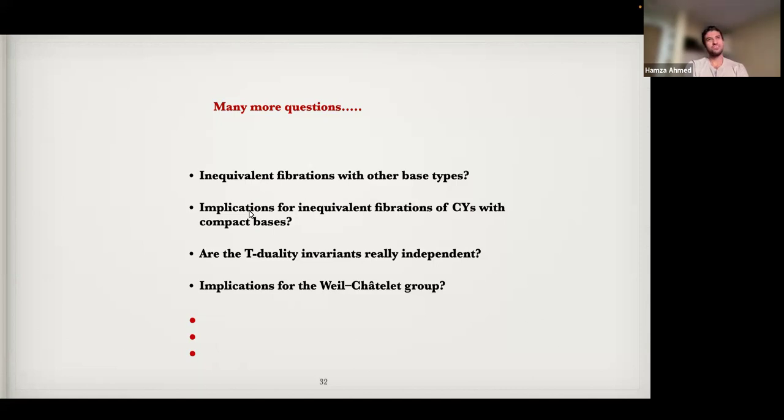That's a good point, because in the type 2 case, the way people have done the T-duality between type 2A and type 2B, any relation that comes to my mind, and probably yours too, is mirror symmetry. But in the case of LSTs, the relation between them is inequivalent fibrations of the same Calabi-Yau.